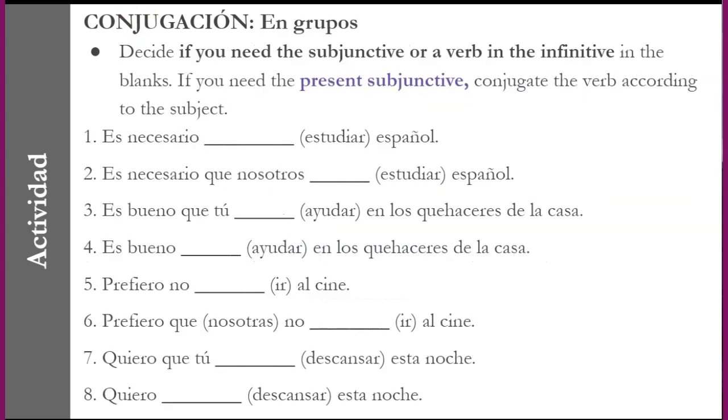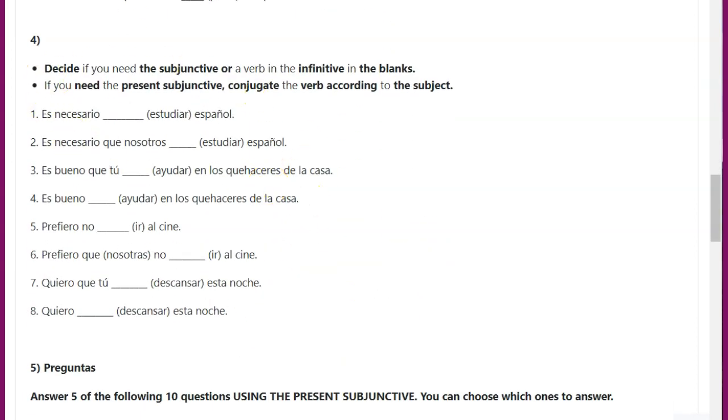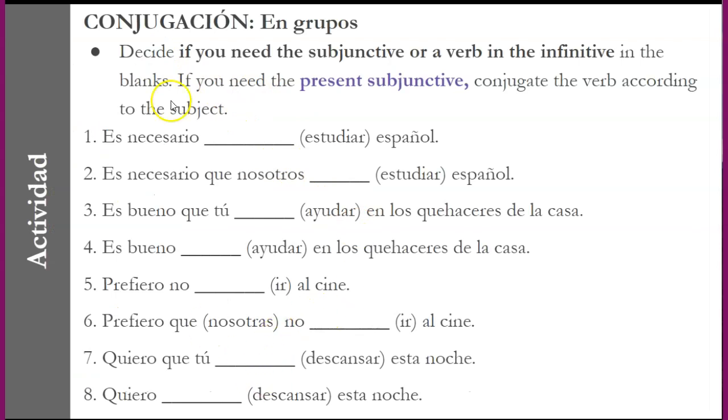The next assignment, which is number 4, número 4. So you have all these sentences. You have to decide if you need the subjunctive or a verb in the infinitive. Again, when you are using the subjunctive, you need a subject in the main clause that's different from the subordinate clause.